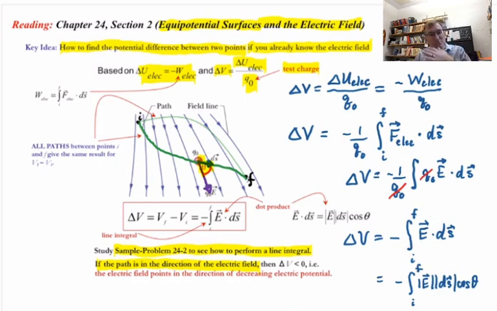If point F is more downstream than point I, then the potential difference in going from I to F, the delta V, will be negative, meaning the potential at point F is less than the potential at point I. And so here's a very general point that's very useful to remember. The electric field points in the direction of decreasing, emphasize, decreasing electric potential. And that's all because of that negative sign that you see in that boxed equation.